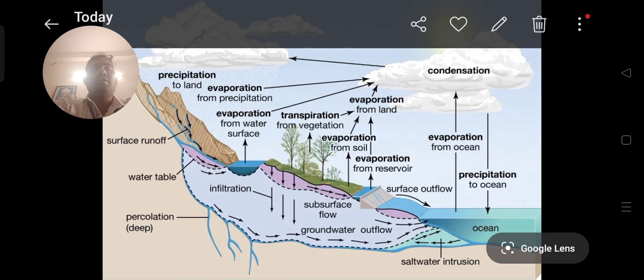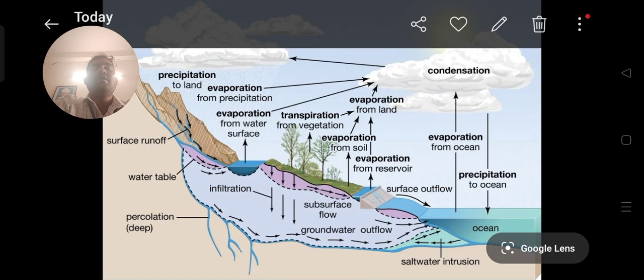Whenever it touches the ground and there is pervious strata, the water slowly enters into the earth's crust, and we call it infiltration. After infiltration, because of gravitational force, the water travels through the pores of the earth's crust.